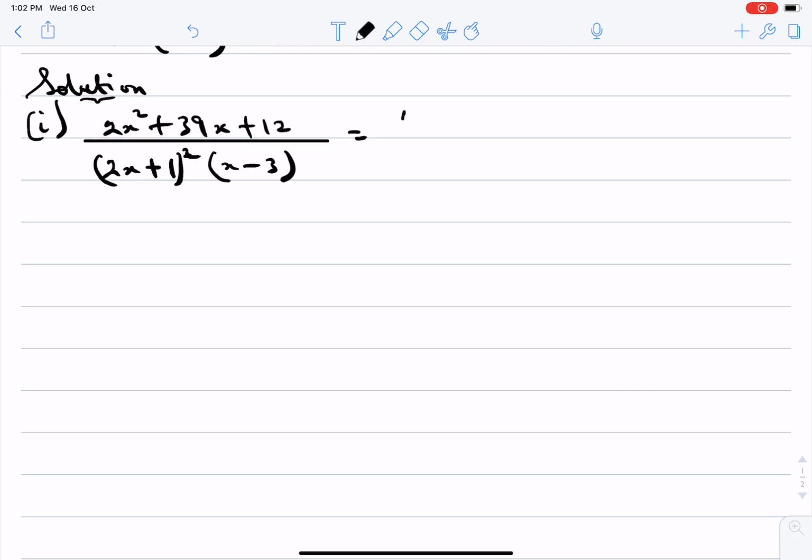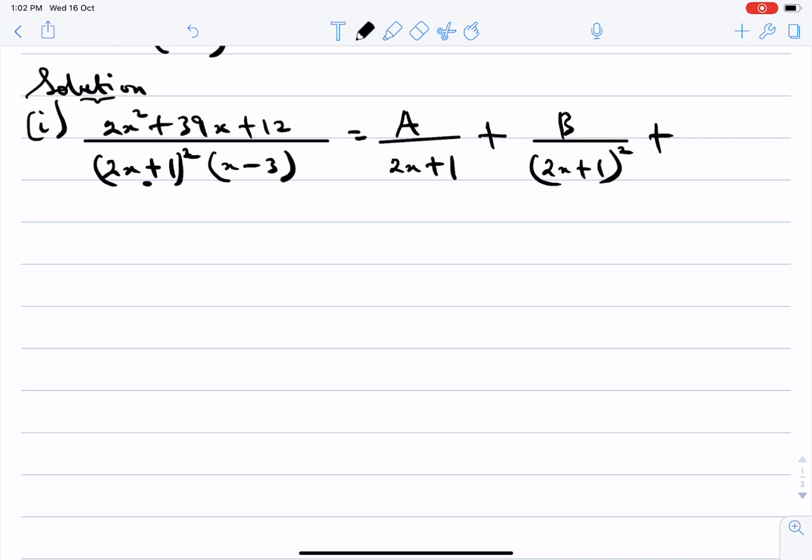So it's going to have 2 partial fractions. We say a over 2x plus 1, because the numerator of a linear factor is a constant, plus b over 2x plus 1 squared.